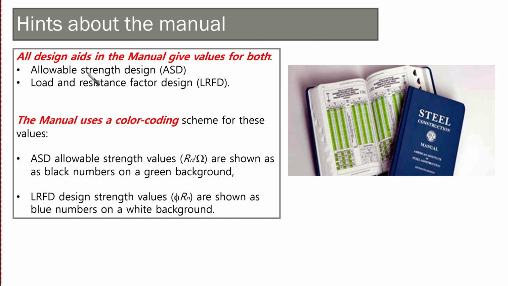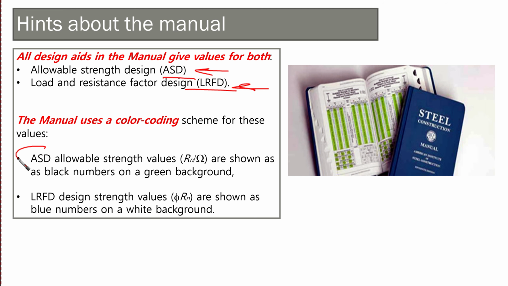All design aids in the manual give values for both ASD and LRFD. So the manual gives us values for allowable strength design and load and resistance factor design. Both are dealt with equally in the manual. And the manual uses a color coding scheme for these values.